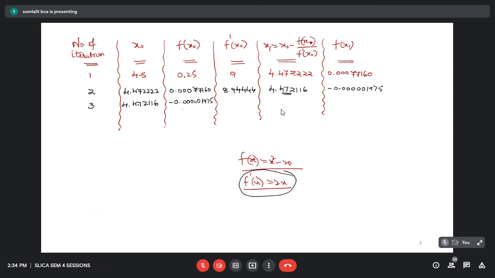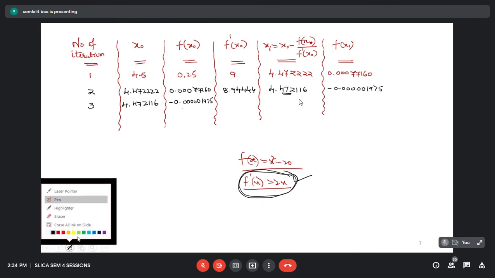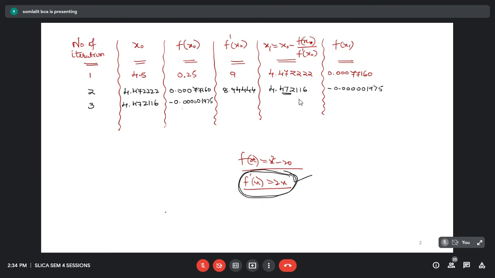So 4.472116, you are going to put it here in the derivative. So let's put it into the derivative. What will we get if I put it into the derivative? 4.472116 into 2. So here 8.944232.